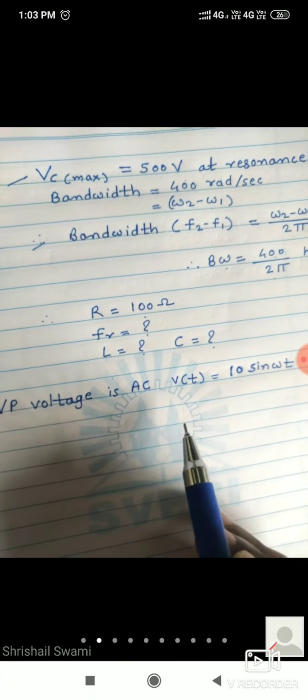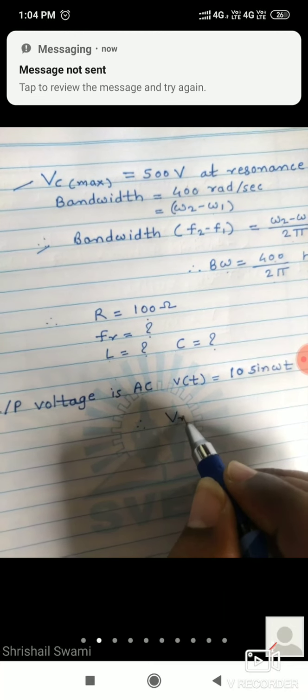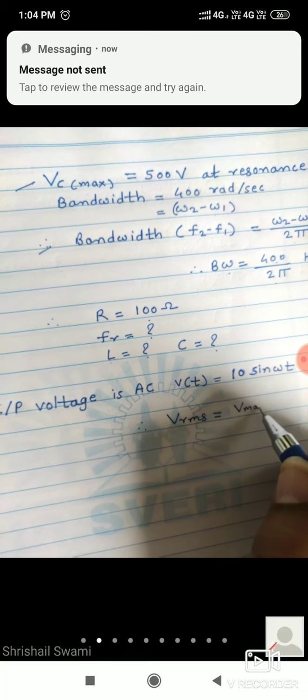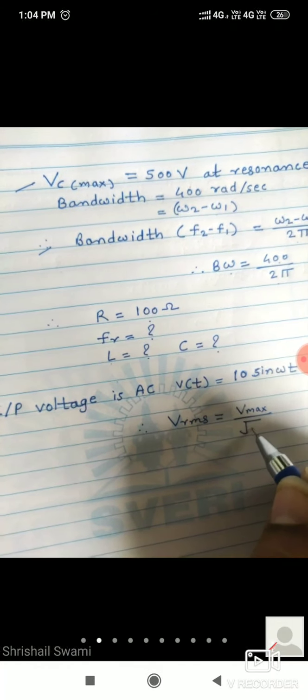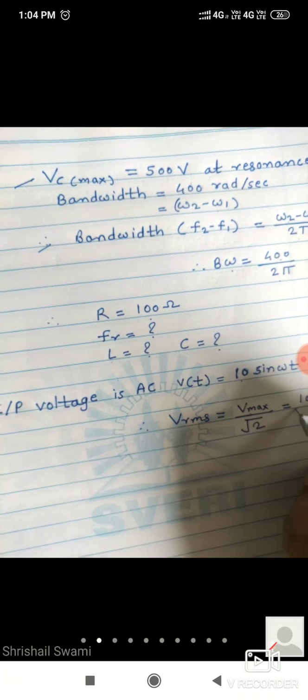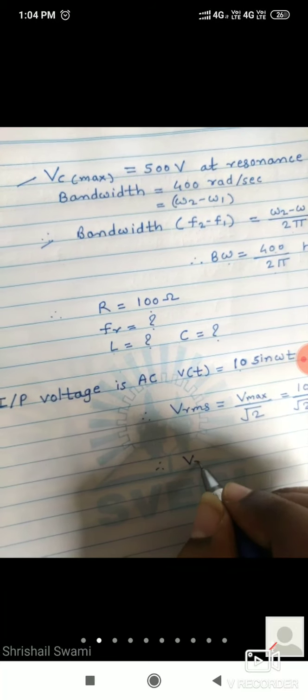We need VRMS value. So for that, how to find out VRMS? VRMS value is equal to Vmax divided by under root 2. So Vmax means this voltage, that is 10 divided by under root 2. So calculate and tell me what is the VRMS value.